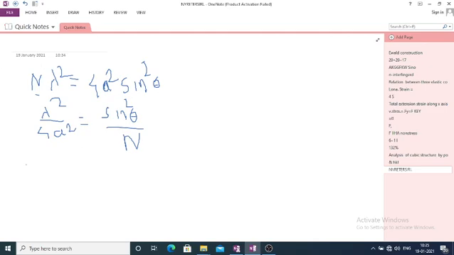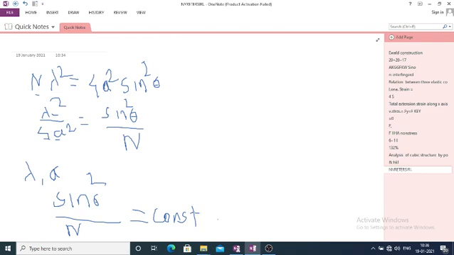A is the lattice constant, which is constant for the corresponding material and does not vary within the experiment. So lambda is constant, A is constant, 4 is constant, so we can easily write that sine square theta divided by n must be equal to a constant.